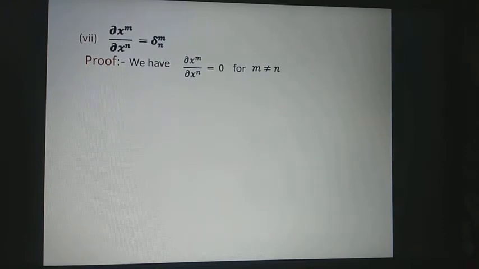As they are independent, the derivative of one coordinate with respect to the other is 0. But whenever m and n are equal, xm and xn will be the same coordinates, and hence the derivative of xm with respect to xm will be 1.